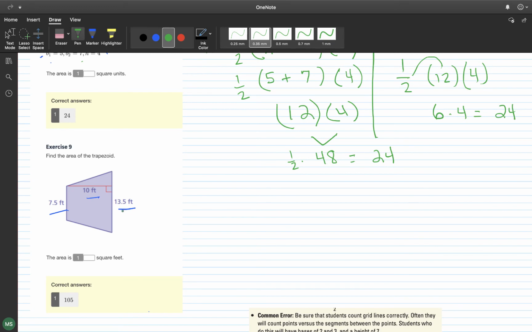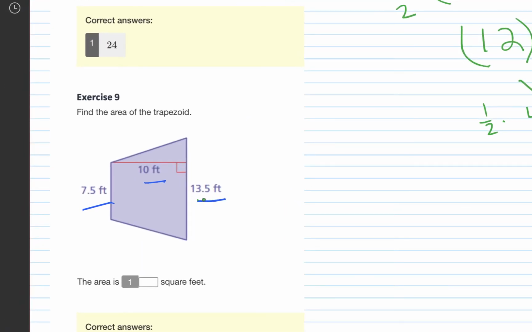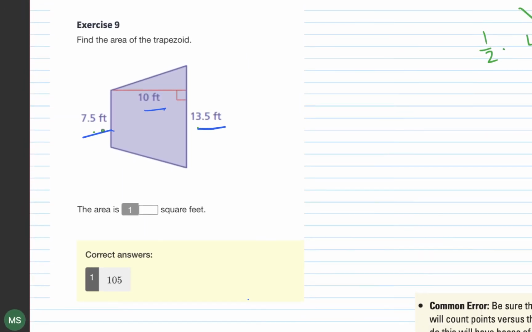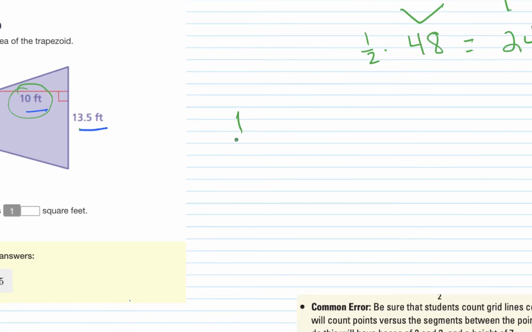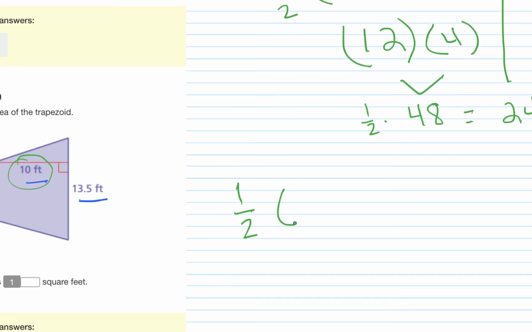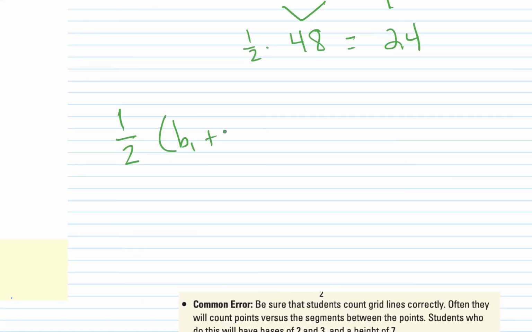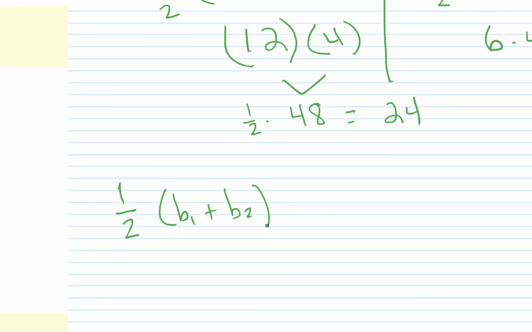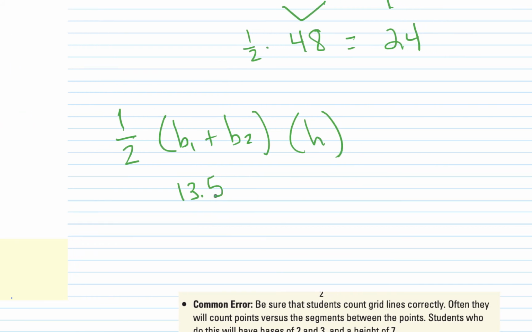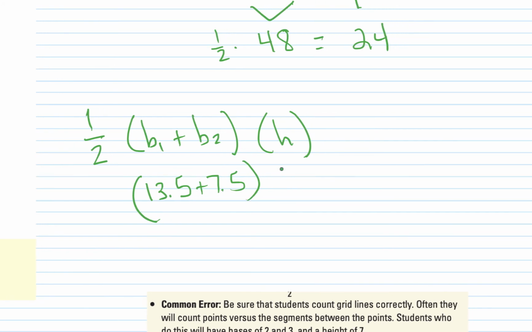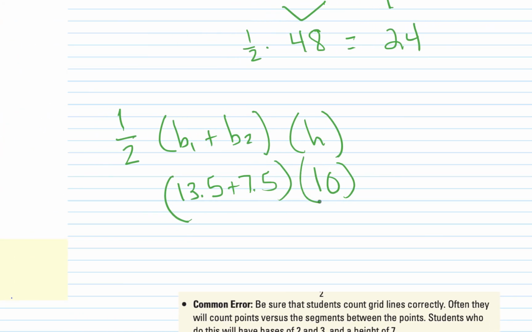Exercise 9. So I've got my base 1 is 13.5, my base 2 is 7.5, and my height is 10. So I will go ahead and write the formula out. Okay, so base 1 is 13.5, base 2 is 7.5, and my height is 10.